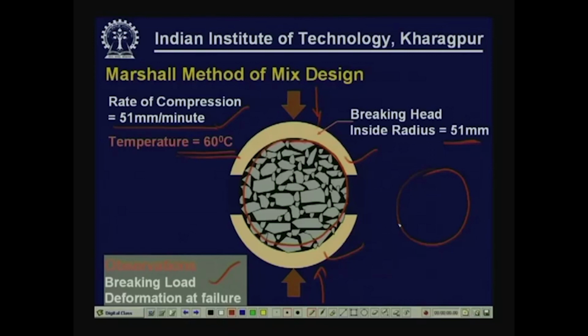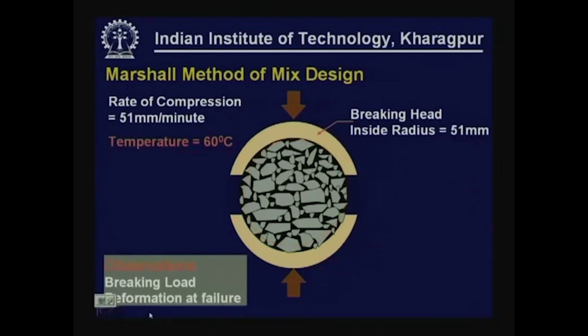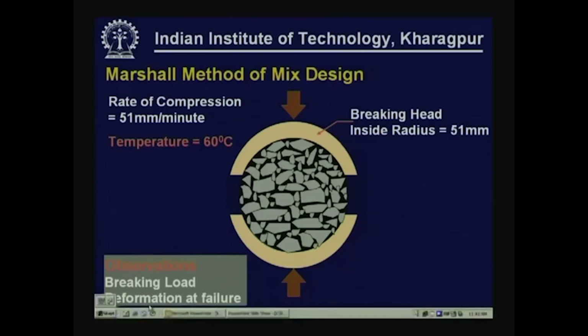So, we have to observe the failure load, and we also have to observe the deformation that this specimen undergoes when it fails, starting from the initial deformation of 0. The breaking load is known as stability and the deformation at failure is known as flow. So, these are known as Marshall stability and Marshall flow.